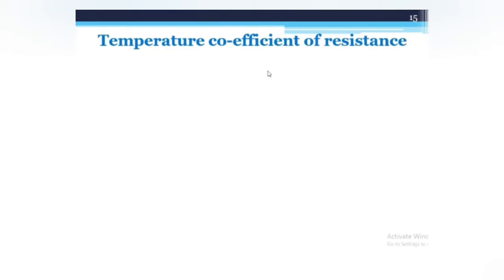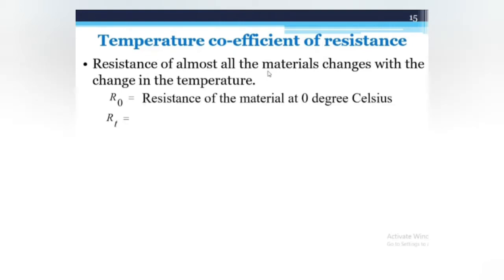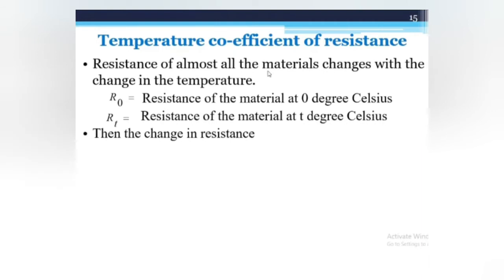Next topic is temperature coefficient of resistance. Resistance of almost all materials changes with the change in temperature. If R0 is the initial resistance at 0 degrees Celsius and RT is the resistance of the material at T degrees Celsius, then the change in resistance is denoted by del R equal to RT minus R0.